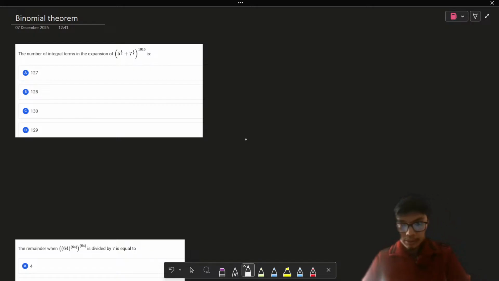Okay, so whenever we talk about binomial theorem, let us first of all understand what a binomial expansion is. Generally, if we have a binomial, which is basically two independent terms, and I raise it to some integer power n, which is a positive integer, so I'm writing here, n is a natural number.